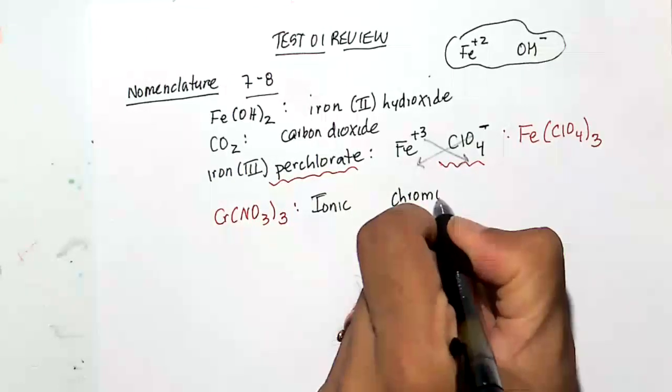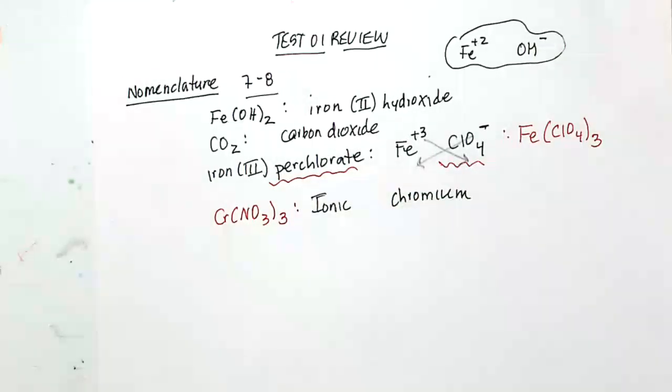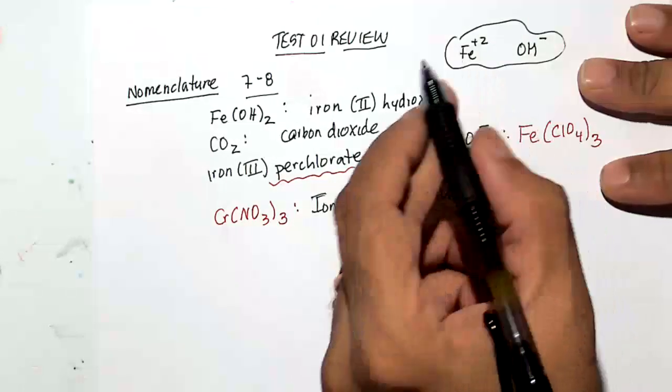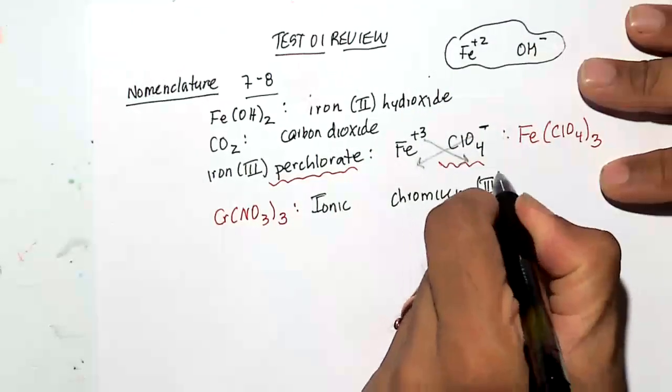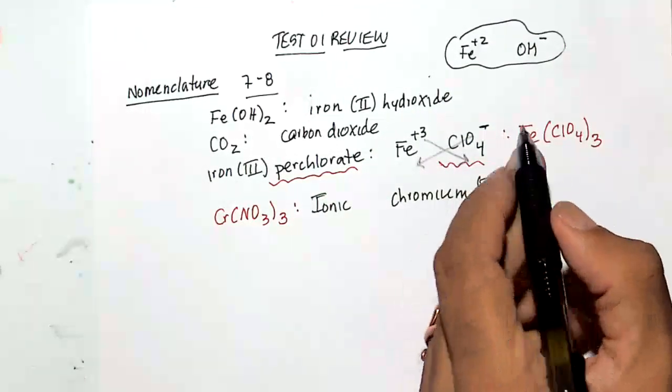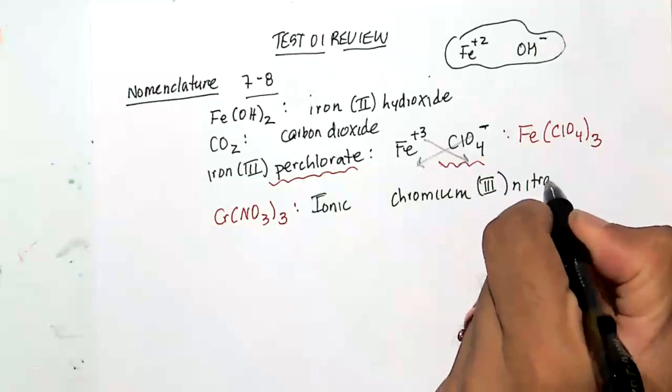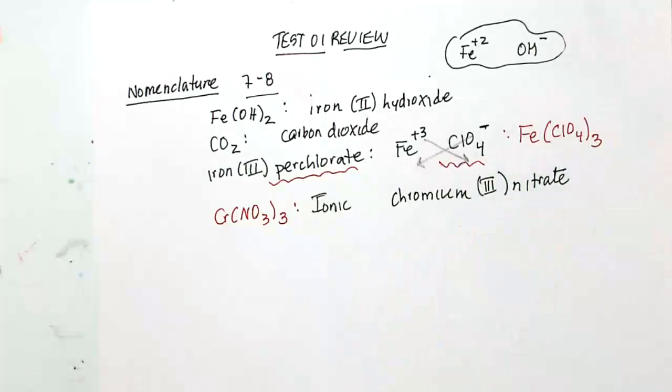Chromium, and it's a transition metal. So what will we have to put as the charge? And what will we put it as? Roman numerals, very good. And what's NO3 minus? Nitrate. So this would be chromium 3 nitrate.